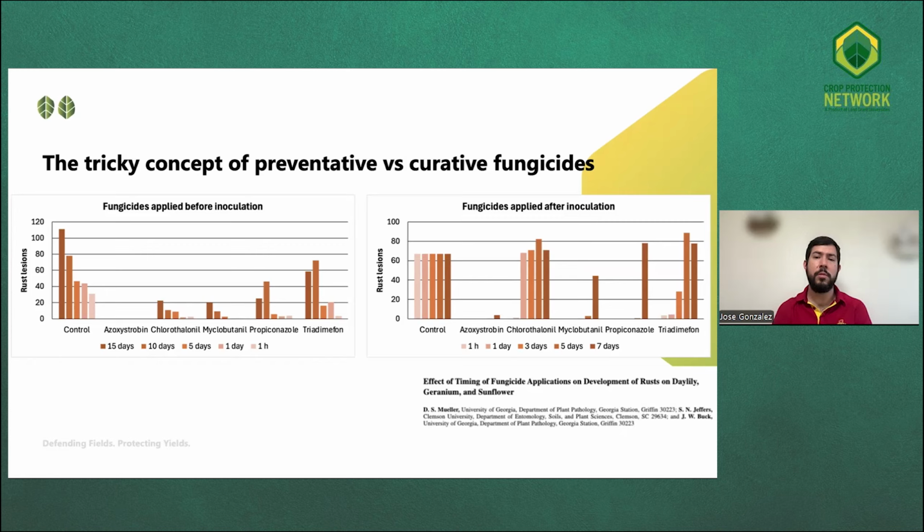And this contradicts some of the information that we see for other diseases where the triazoles are considered to be curative fungicides and the strobis are considered to be preventative fungicides. So what I'm trying to say is that the terms preventative and curative are not always applicable to all pathosystems or to all diseases on crops.